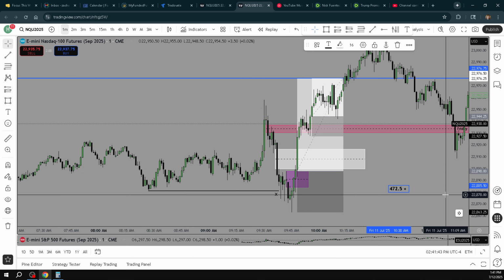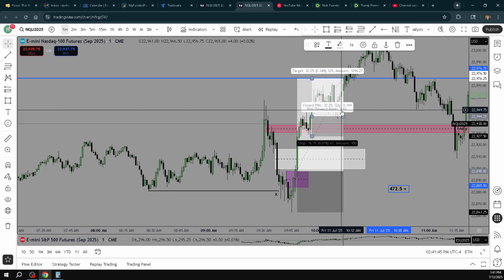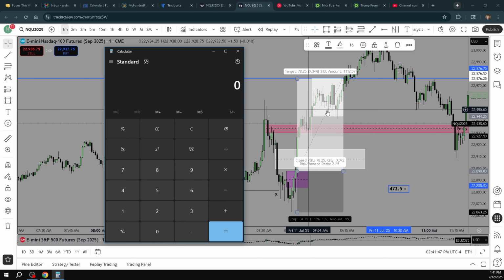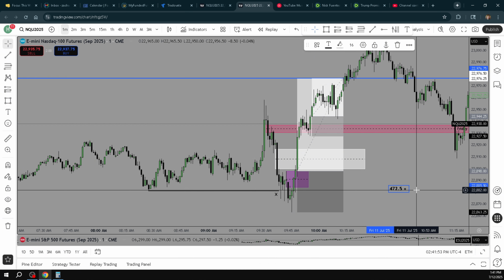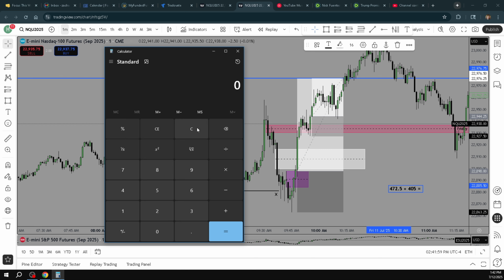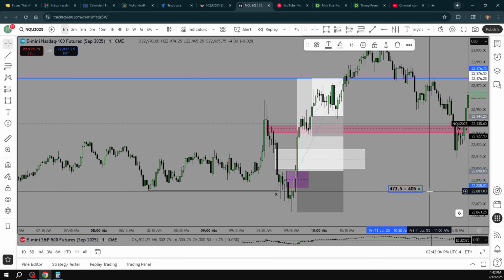And then plus our second entry up here would be 1.93 times 210, which is 405. So look at that profit off of risking $210. 472 plus 405, you have $877 profit.